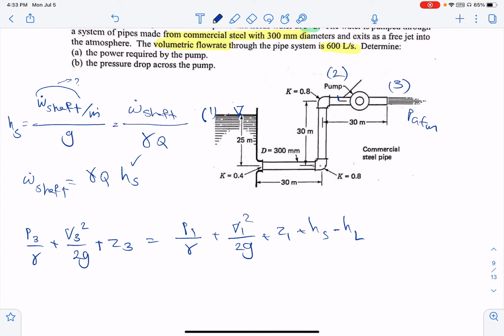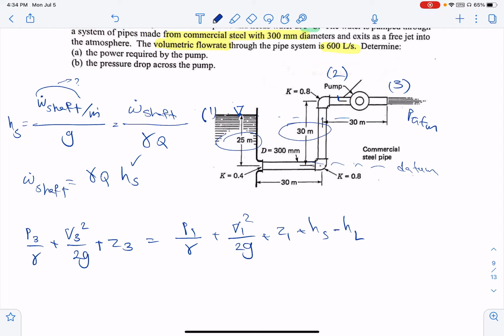Let's consider this location as datum, so then we have Z1 here and Z3 here.